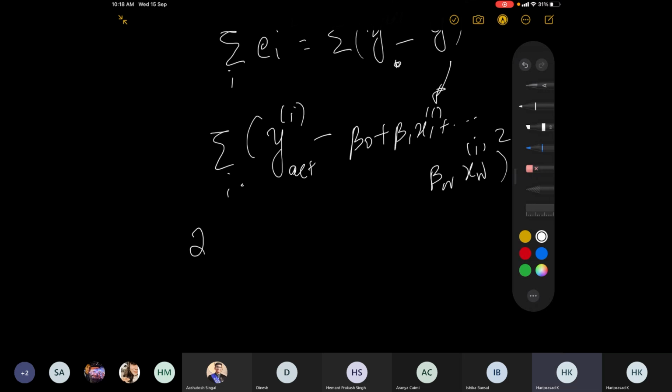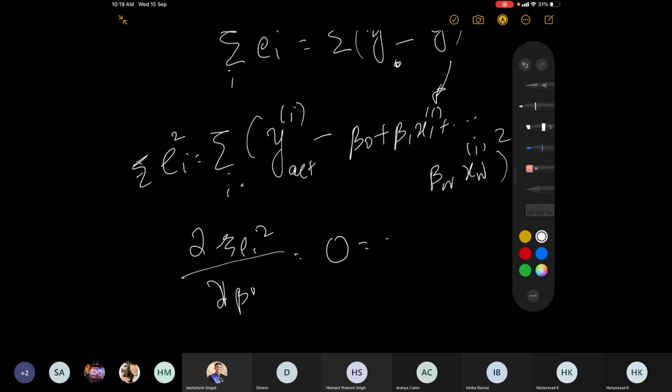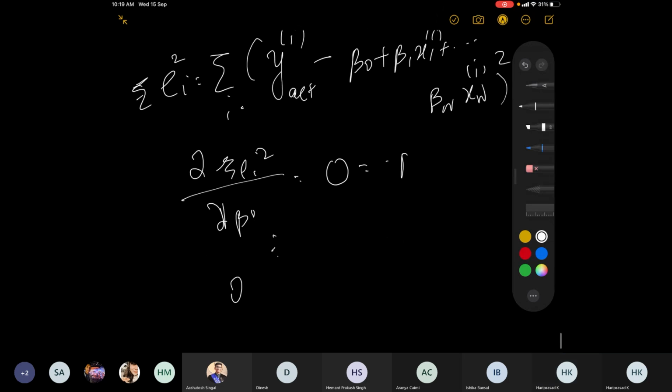So this is sigma of Ei square. Now let's take sigma of Ei squared with respect to each of these betas, set it equal to 0, isolate beta naught, and do it for all the other variables.